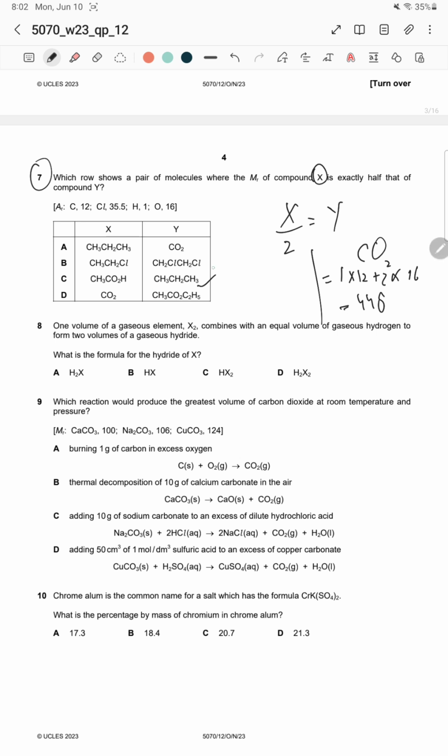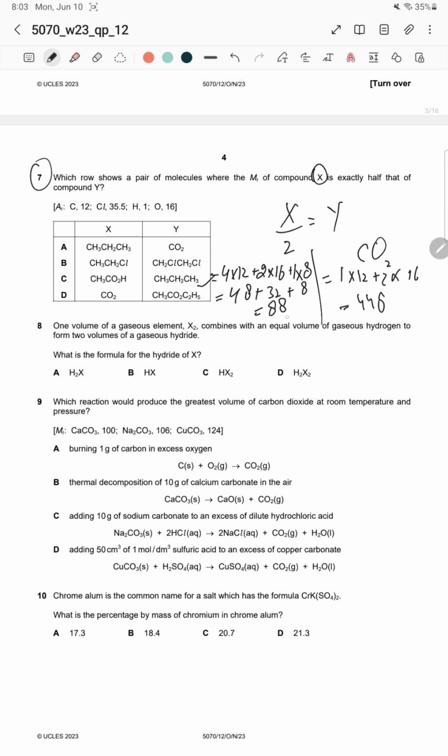So how many carbons are here? 4 carbons. 4 into 12 plus how many oxygens are here? 2. 2 multiplied by 16 plus how many hydrogens are here? 5 and 3, 8. So this will be 48 plus 32 plus 8. So how much will it be? This will be 88.